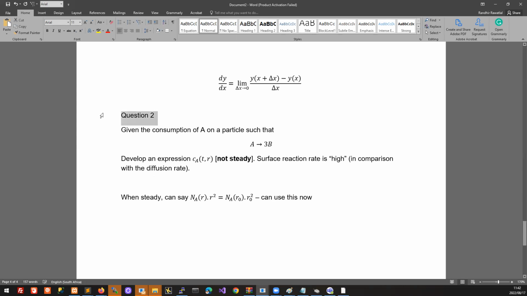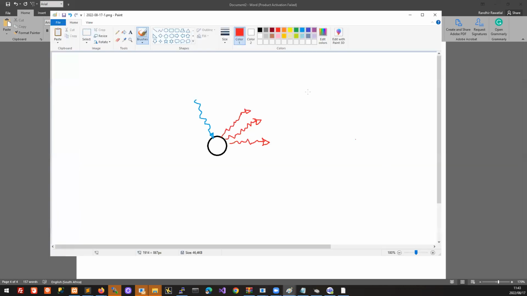Okay, so what we want to do then is take the approach we described a bit earlier. We want to know how A is changing in the fluid, so that's past the particle surface. What we will do is again choose a control volume. So let's pick a point here, and let's pick another one, say here.